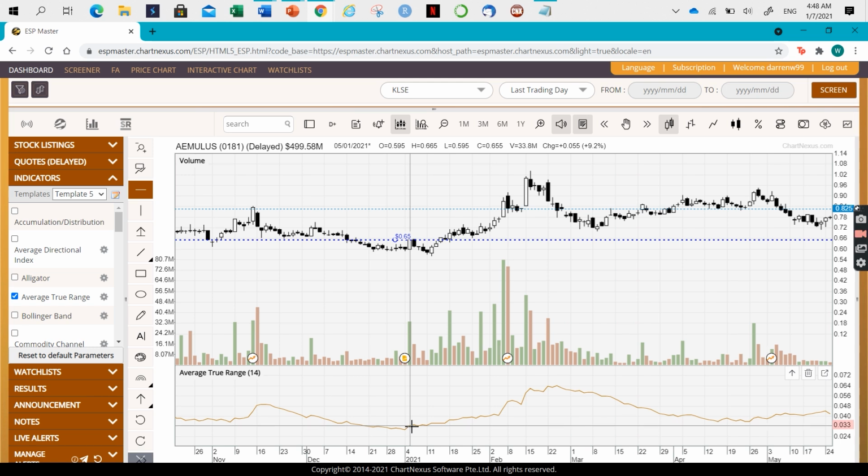So 1.5 times, remember guys, 1.5 times the ATR at the given moment, so it would be 4.5 cents. Your stop loss level would be 4.5 cents below the low of this candle, which is 59.5. If you deduct 4.5 cents, it's basically 55 cents. So it would be somewhere here.